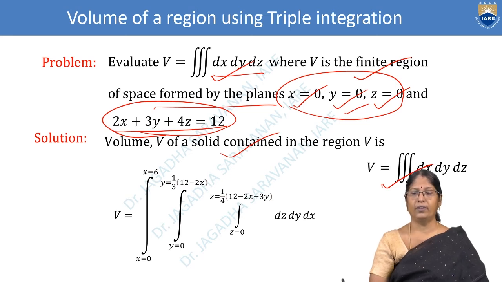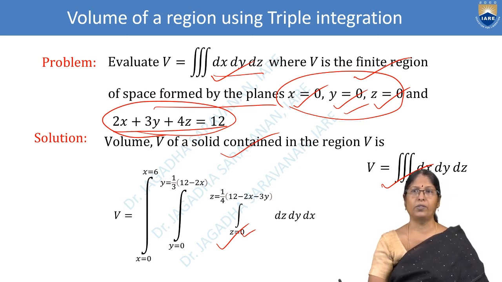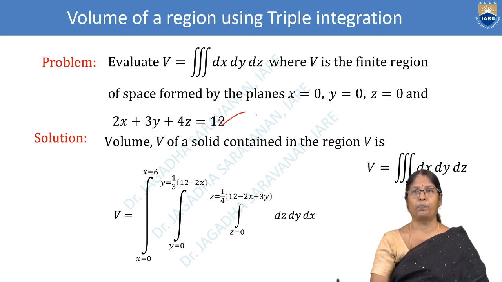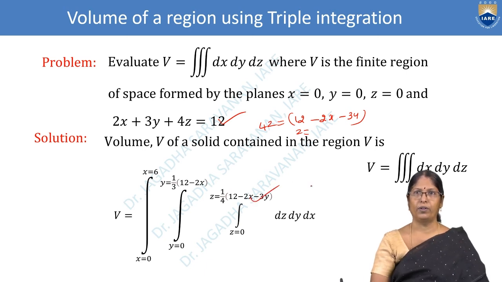So we have taken here the innermost one, we are taking z, from 0 to, in the same manner as we discussed in the earlier problem, from which this plane we will extract z. So 12 minus 2x minus 3y equal to 4z. So z equal to 1 by 4 of.